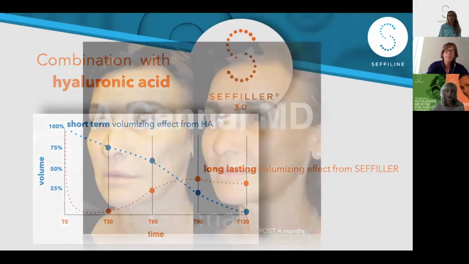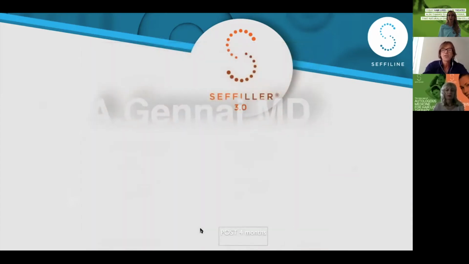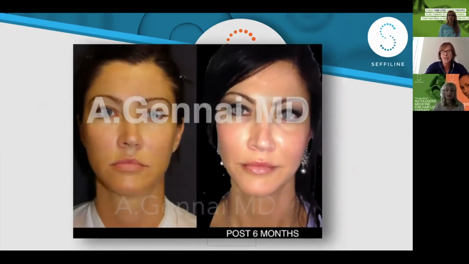You can see some cases. This is a young lady asking me for a party the week after the treatment, and so I injected hyaluronic acid combined with the SEFFILLER. But after 3-4 months, the result comes from the SEFFILLER and not from hyaluronic acid. This is another case, a young girl asking me for volume enhancement in the next week.